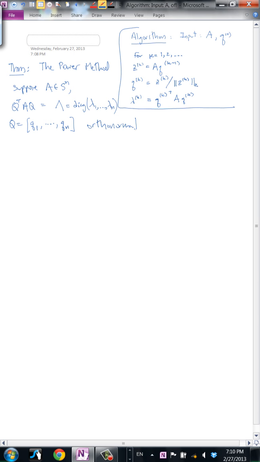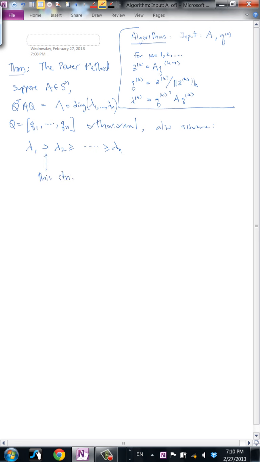And the key assumption, for which the diagonal example gives the intuition for why this is necessary, is that we also assume that the eigenvalues are ordered. And so what's the assumption here? The assumption is this inequality.